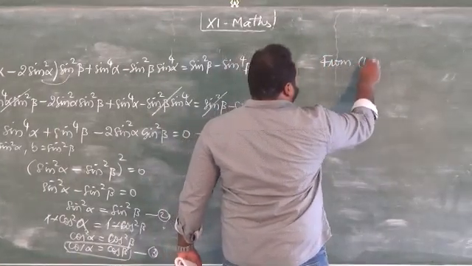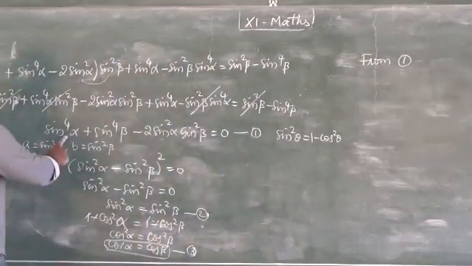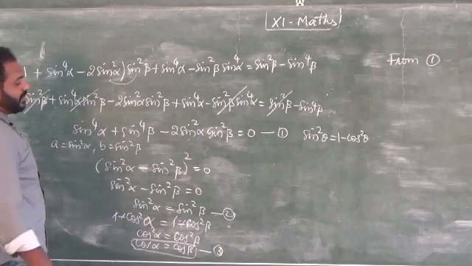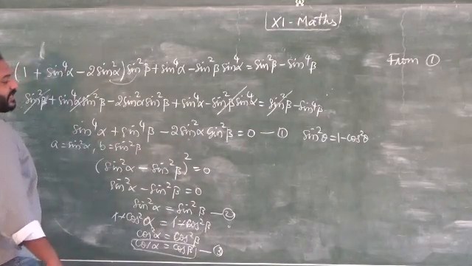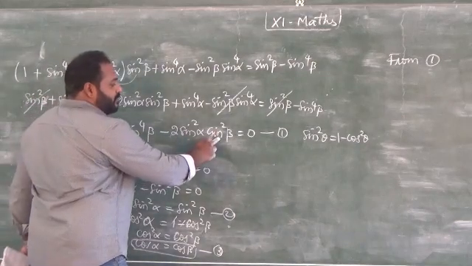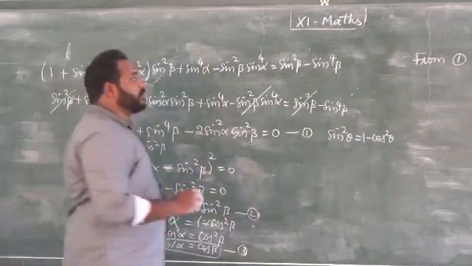So from equation 1, see this: sin power 4 alpha plus sin power 4 beta minus 2 sin square alpha sin square beta. If I take minus 2 sin square alpha sin square beta to the other side, that is the answer for the first subdivision.